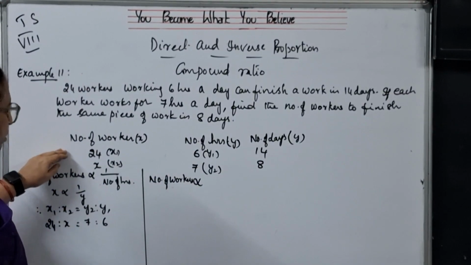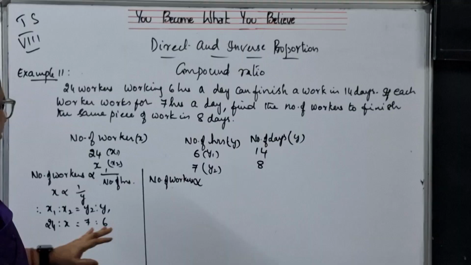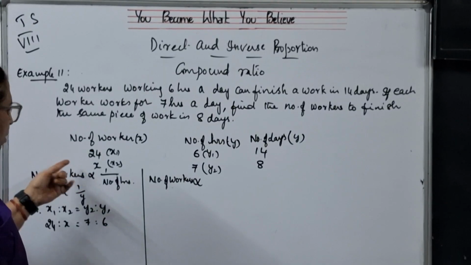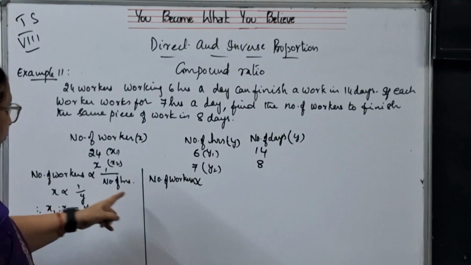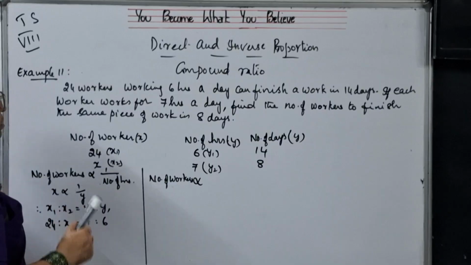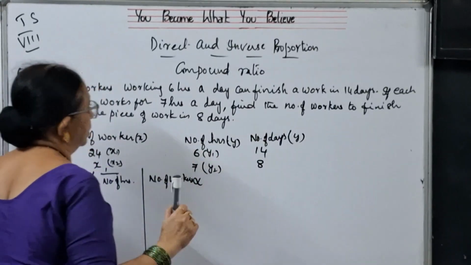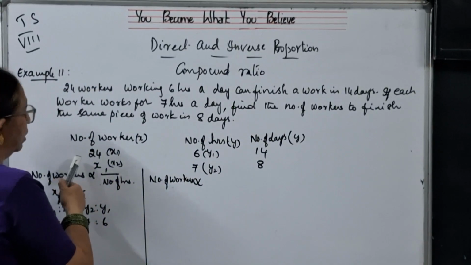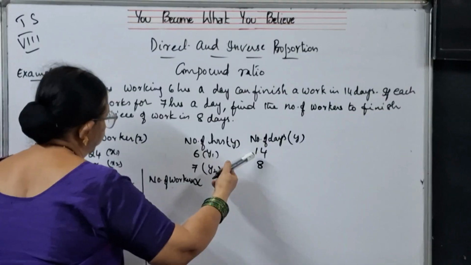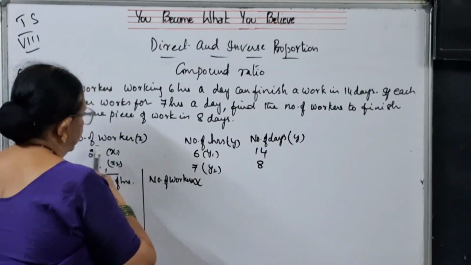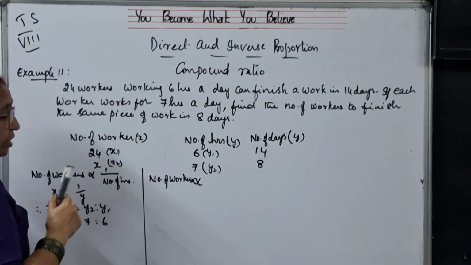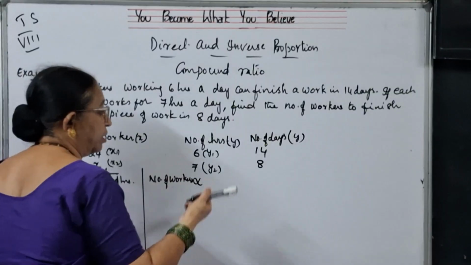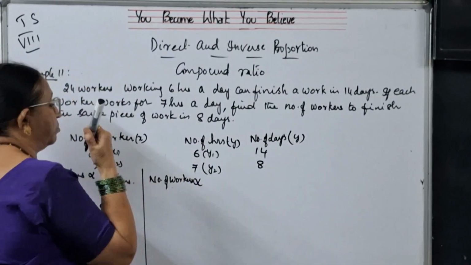If workers work for more days, then the number of workers and number of days will be inversely proportional, because if they take more days, they need fewer workers. If the number of days is more, that means fewer workers.